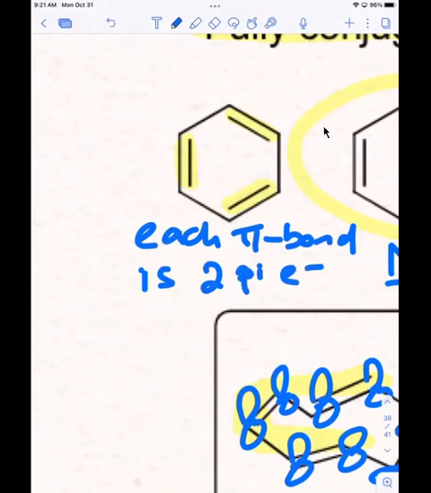Every pi bond is composed of 2 pi electrons. So how many total do we have here? This is 2 electrons here, 2 here, and 2 here. How many is that total?